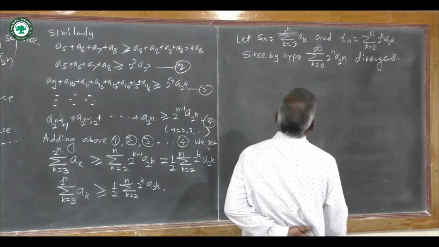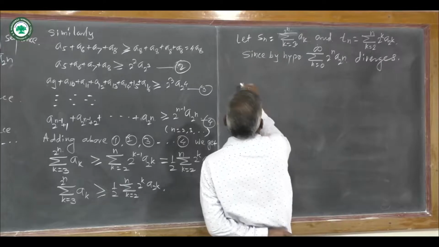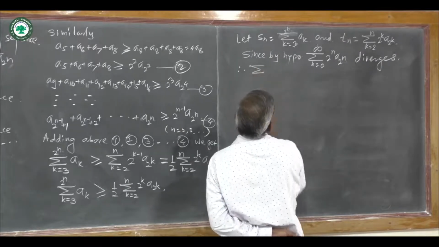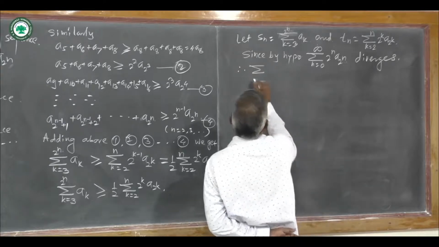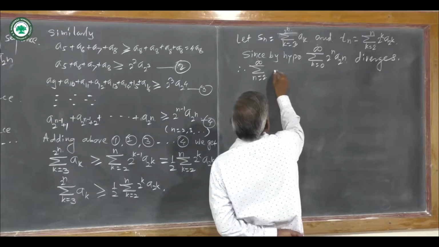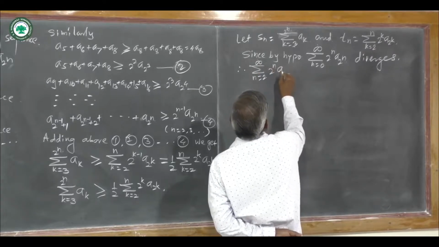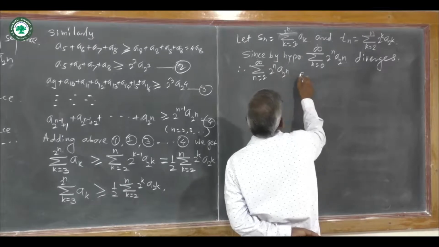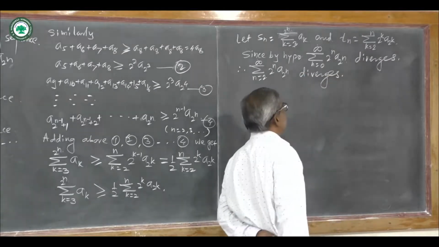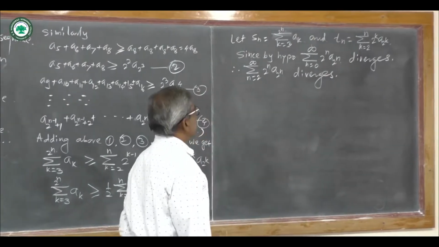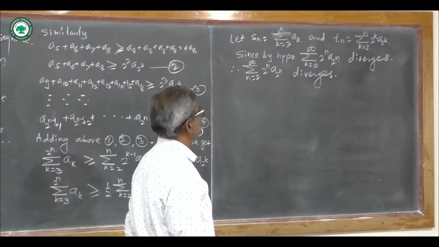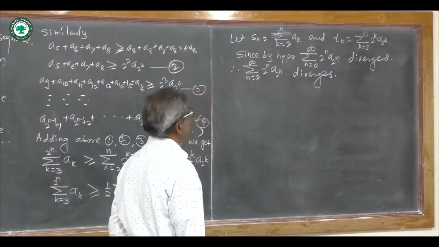Therefore, the series summation n is equal to 2 to infinity 2 raised to n into A suffix 2 raised to n diverges.